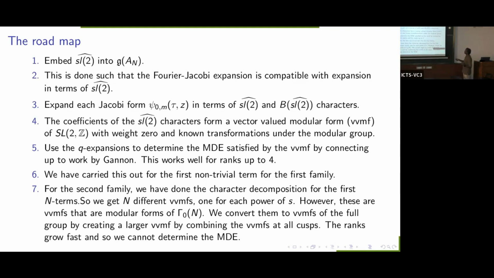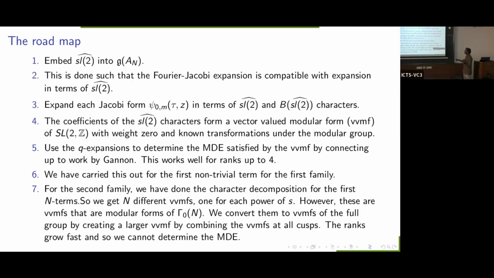So this puts constraints, and then you expand each of these. You saw the expansions. We got some phi 0,m's in terms of SL2 hat, and we can also do BSL2 hat characters. The coefficients of the SL2 characters form a vector-valued modular form of SL2Z with weight 0 and known transformations under the modular group. Why is that?